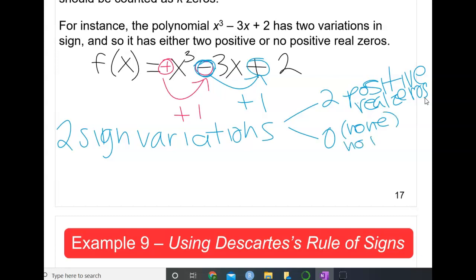So no positive real zeros. That could mean like, oh, well, maybe all your zeros are negative. And think about all those possibilities that I showed you before, like 16 possibilities. Then that could cut your work, your testing, by half, because then you wouldn't have to test any positive real number.